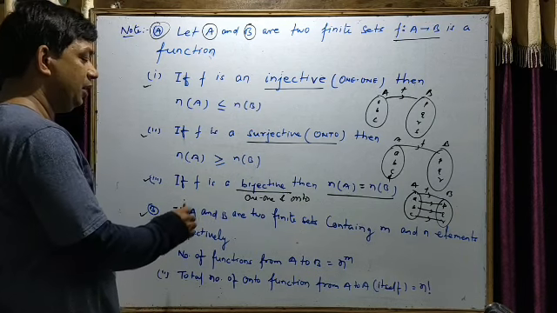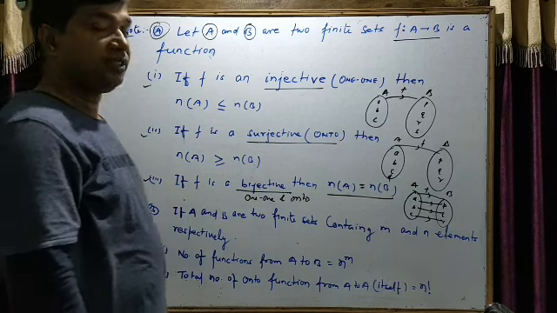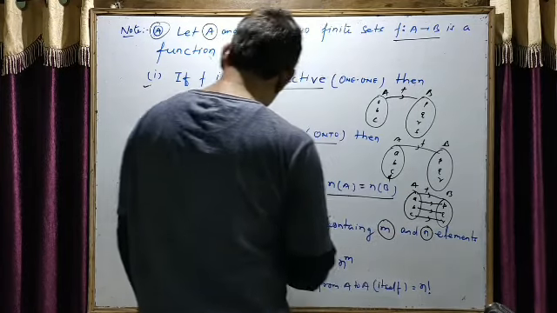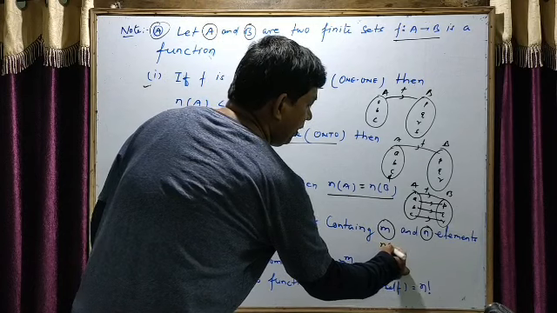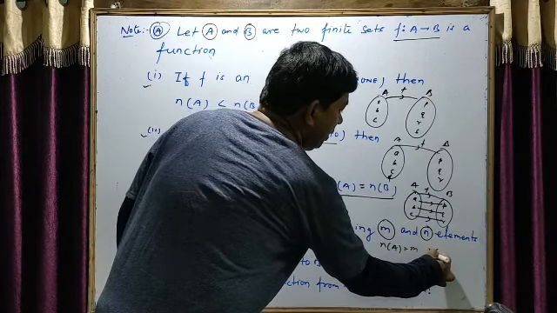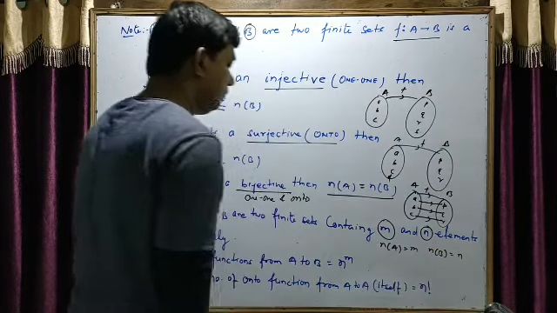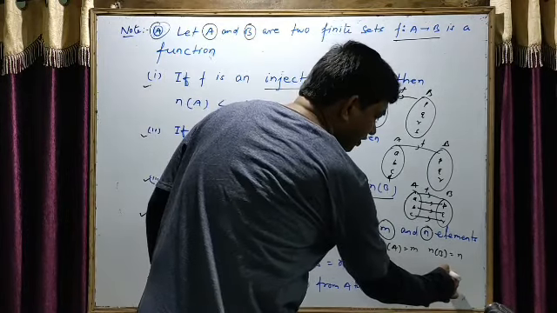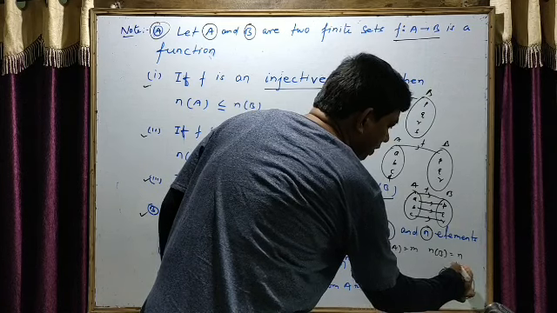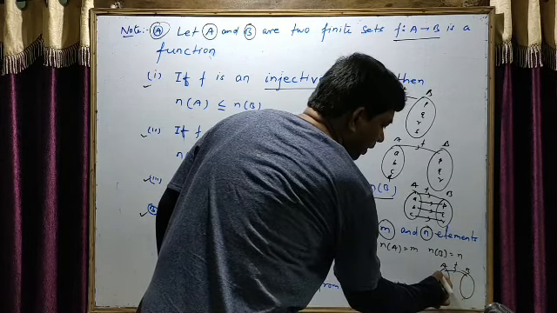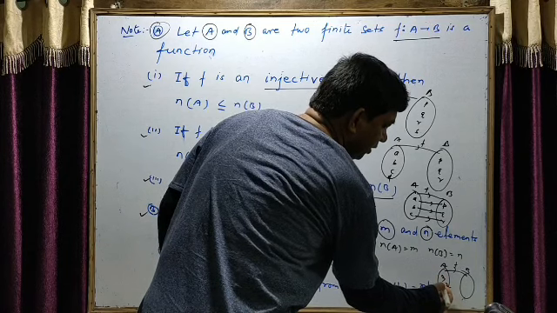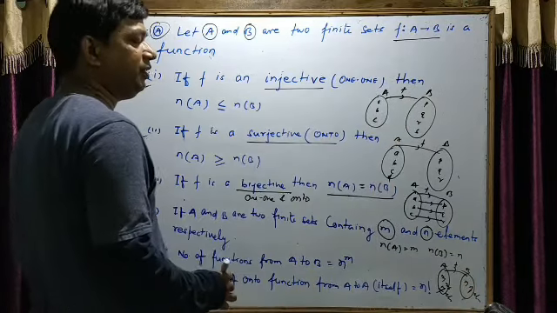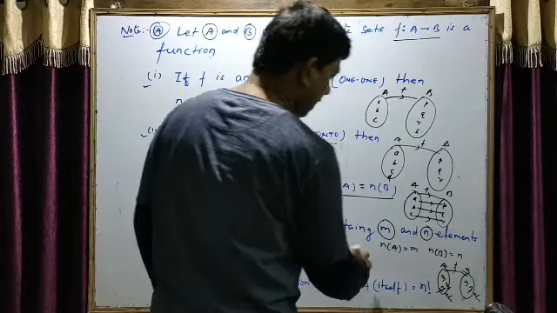Now you see, if A and B are two finite sets containing m and n elements respectively, means the number of elements present in set A is m, and the number of elements present in set B is n, then the number of functions from A to B, where f is a rule, this set containing m elements and this set containing n elements, then the total number of functions is what? n to the power m.